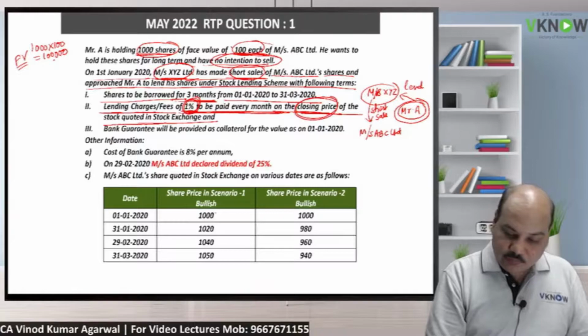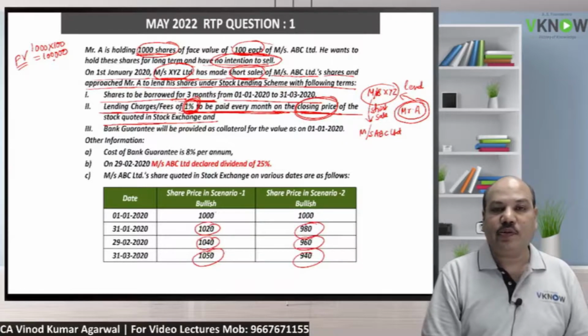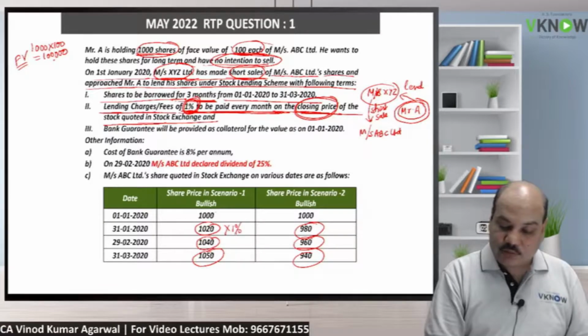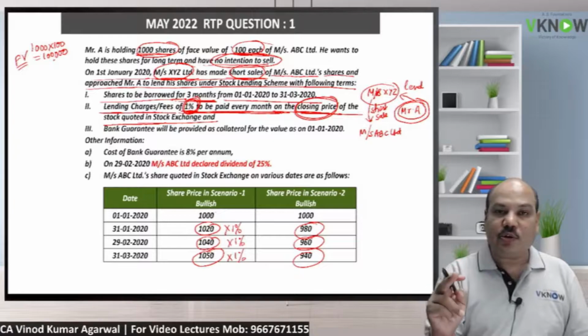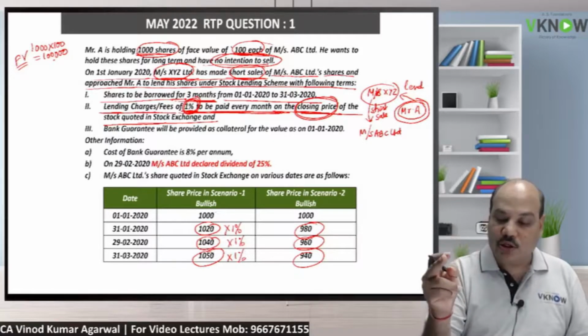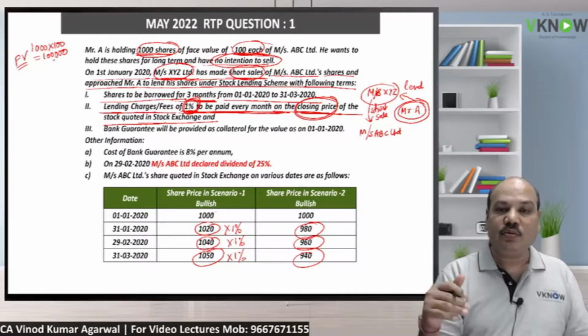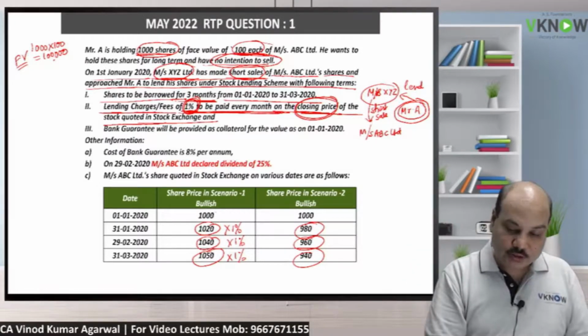These are the closing prices given to you. Every month you have to take 1% of this as lending charges. Lending charges will be a cost to the short seller, and lending charges will be income for Mr. A, the one who has lent the shares.